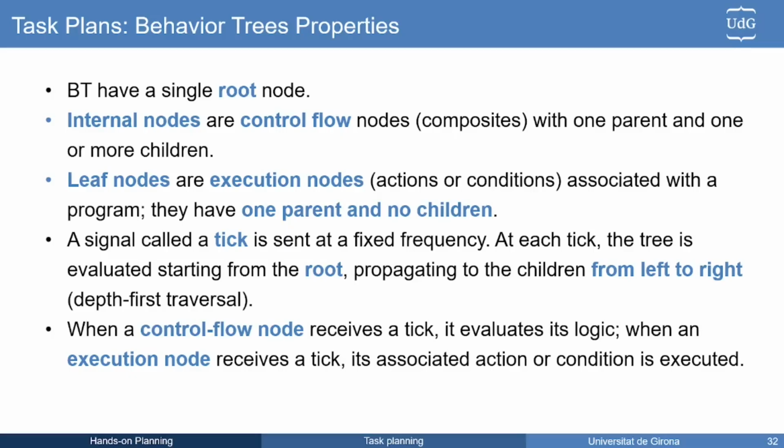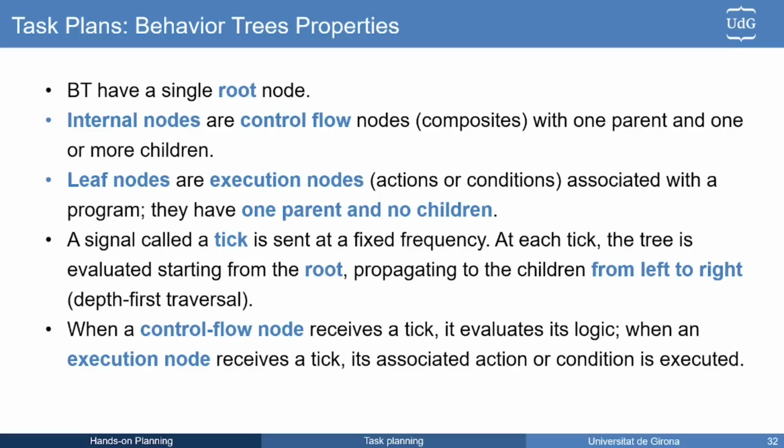The idea is that every time the behavior tree receives a tick, which is like a signal, okay? You have to think that this is task planning, it's not control. Here we do not try to send a signal to our robot 10 times per second or 20 times per second or 100 times per second. Here we just change tasks. If we do it every 1 second or every 2 seconds, it's more than enough, okay? We don't need to be as fast.